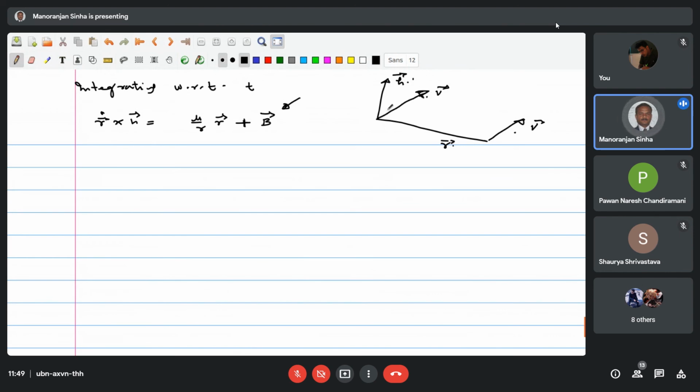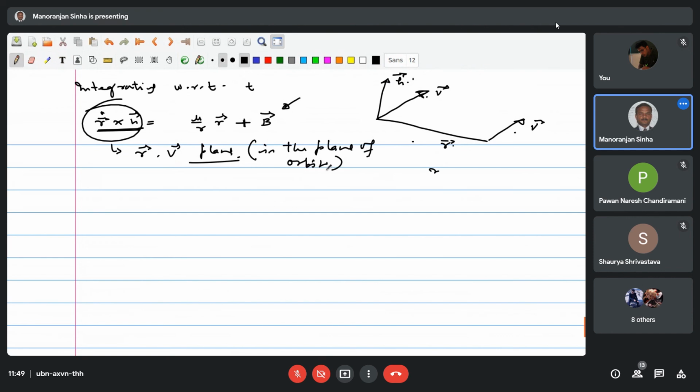So this implies that r dot cross h lies in the r-v plane, that is, in the plane of the orbit. Therefore, vector B is lying in the plane of the orbit.